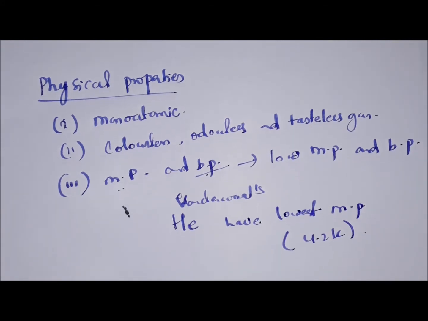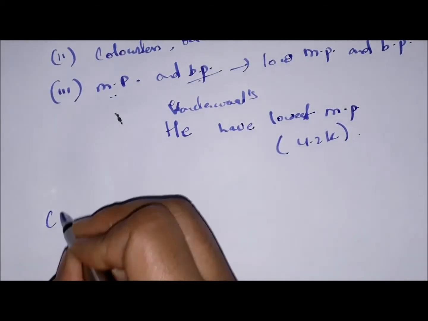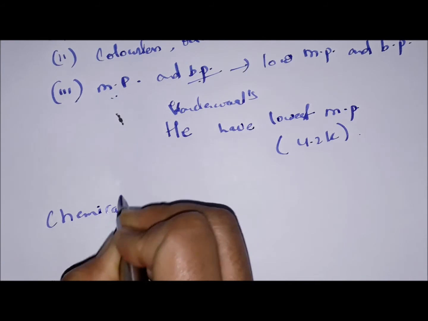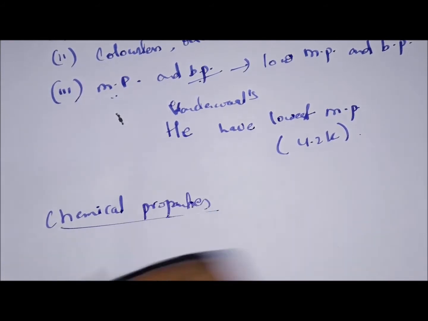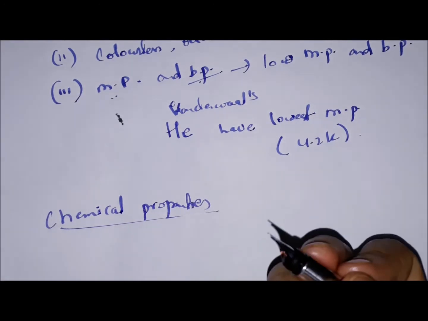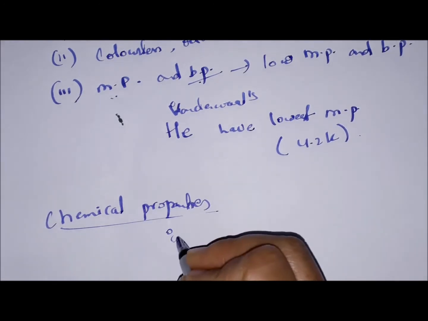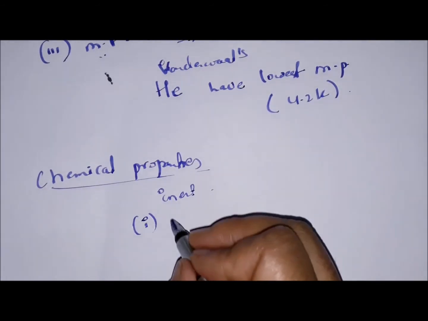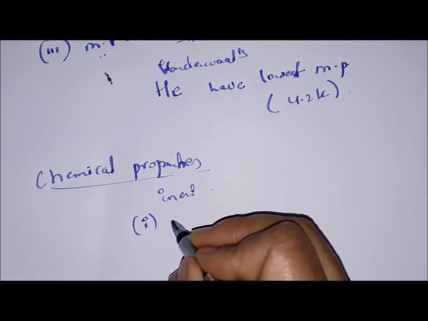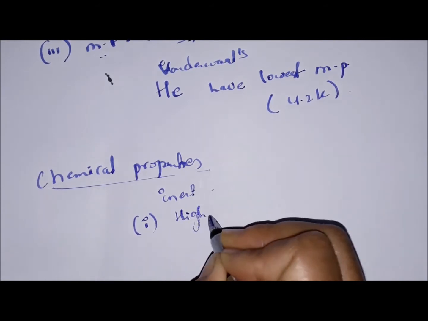Now when we talk about the chemical properties of this group 18 noble group elements, they are chemically inert. Why? The reason is very simple. Number one, they have the highest ionization enthalpy.